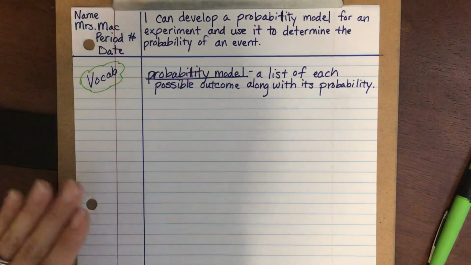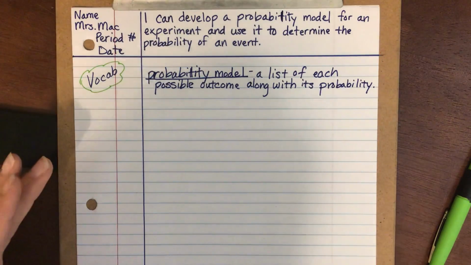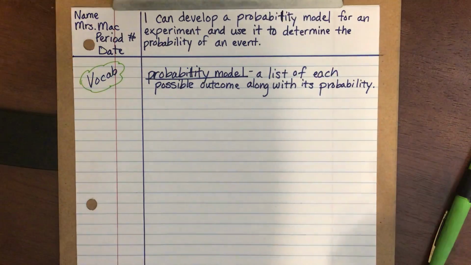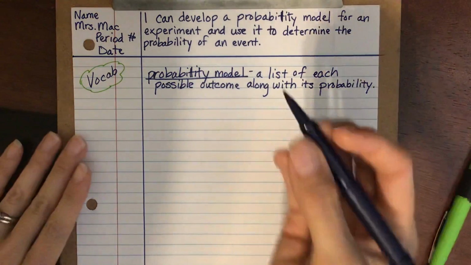Okay, so it's just a really nice organized way to show the probability for each possible outcome. So let's take a look at an example.